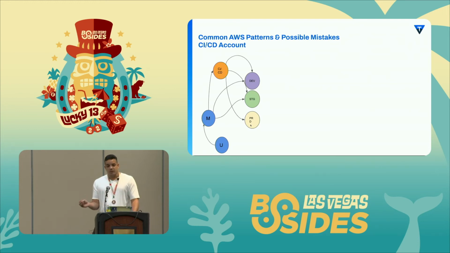What an administrator can do to break this pattern is create a cross-account role from dev to the CI/CD, going backwards, you see? When he does that, the user might get a credential in dev, then jump to CI/CD, and then jump to prod, just by assuming roles between control planes.